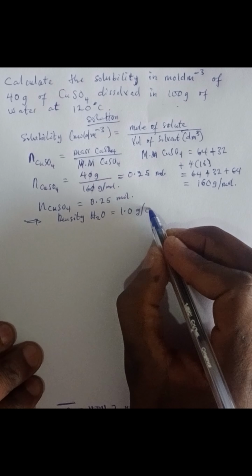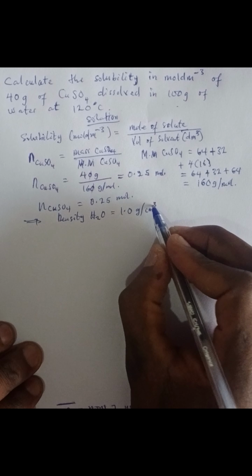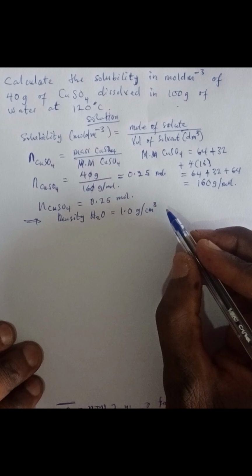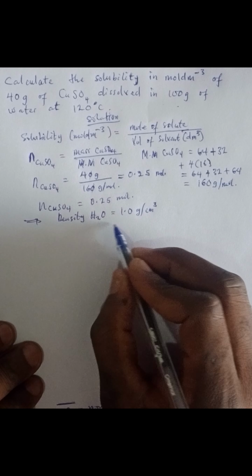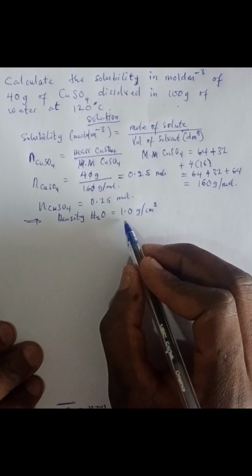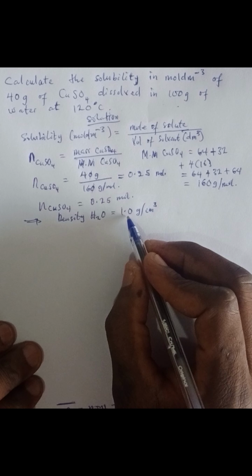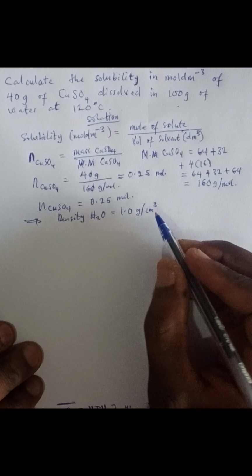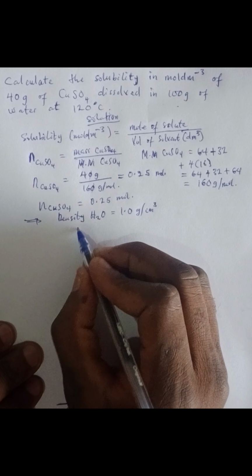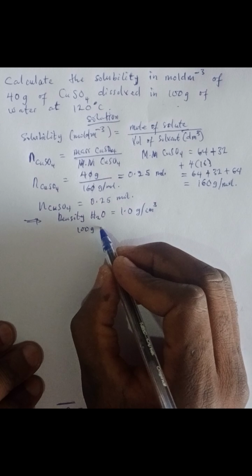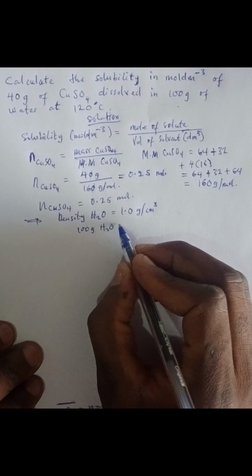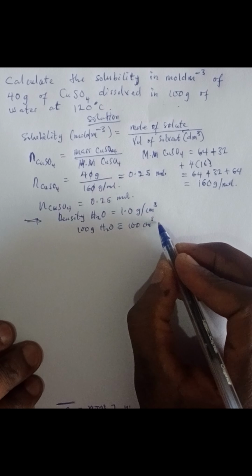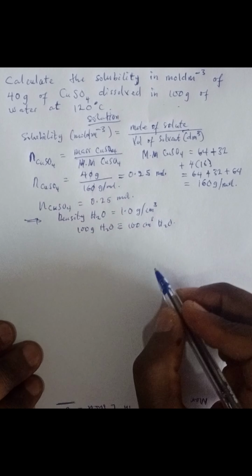Let's assume it to be 1.0 gram per centimeter cube. What does it mean? It means that for every 1 gram of water, the volume is 1 centimeter cube. So 100 grams of water will be equivalent to 100 centimeter cube of water.